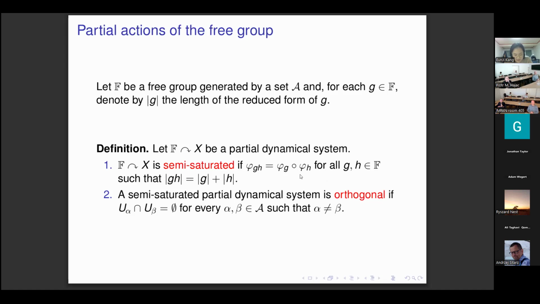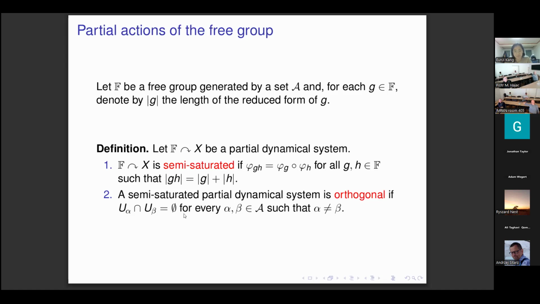Then a semi-saturated action is called orthogonal if the domains of action for different generators are disjoint. That is, if you pick any two distinct generators, their domains do not overlap.